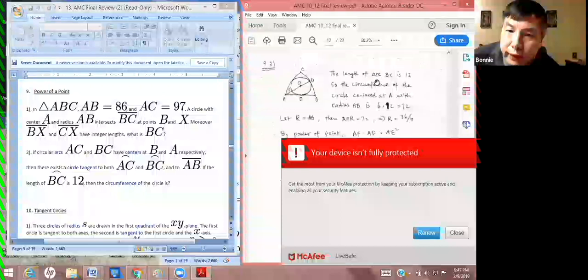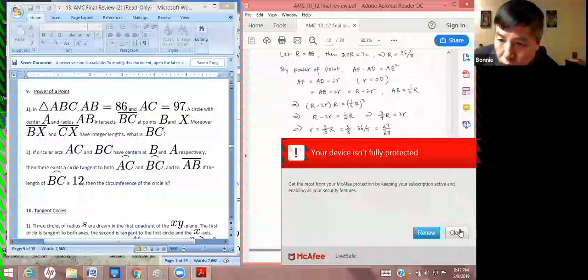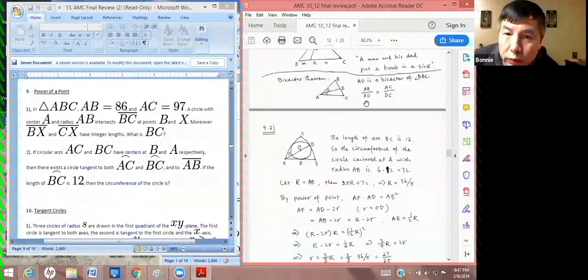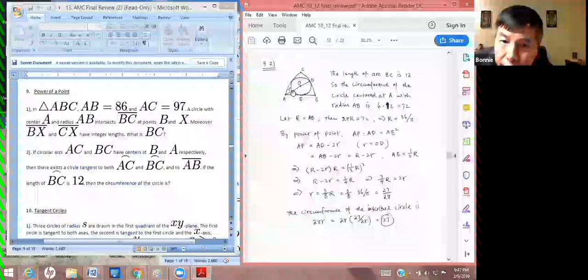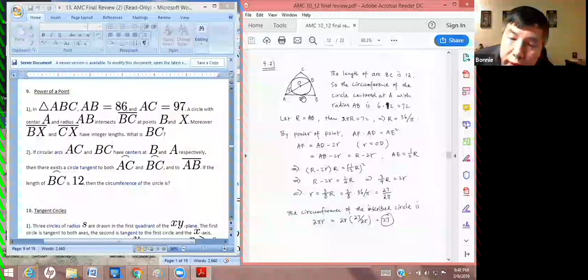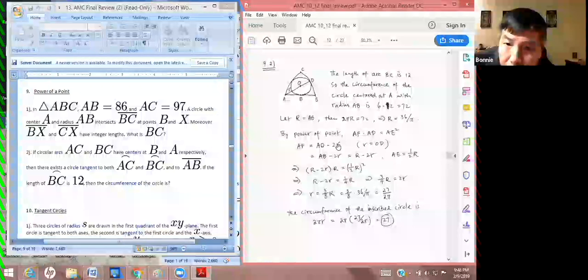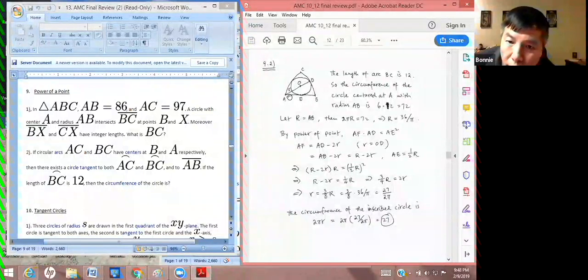Based on the second form of power of a point, AF times AD equals AE squared. AE is just half of AB, so it's half R. And AD is just the radius of the bigger circle, so it's R.